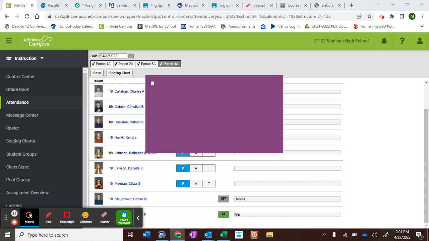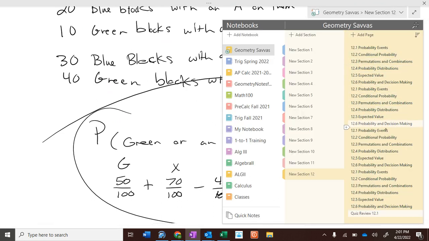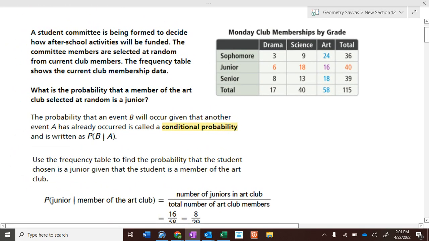All right. We are going to look at conditional probability. Conditional probability is the probability an event has occurred given that another event has already occurred.